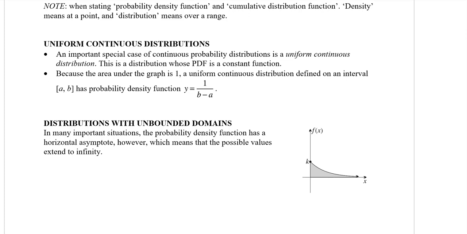This is a distribution where the PDF is constant, which would be a horizontal line, because the area under the graph, the probability, would always be equal to 1. A uniform continuous distribution is defined over an interval, a to b, and then y is equal to 1 over b minus a.